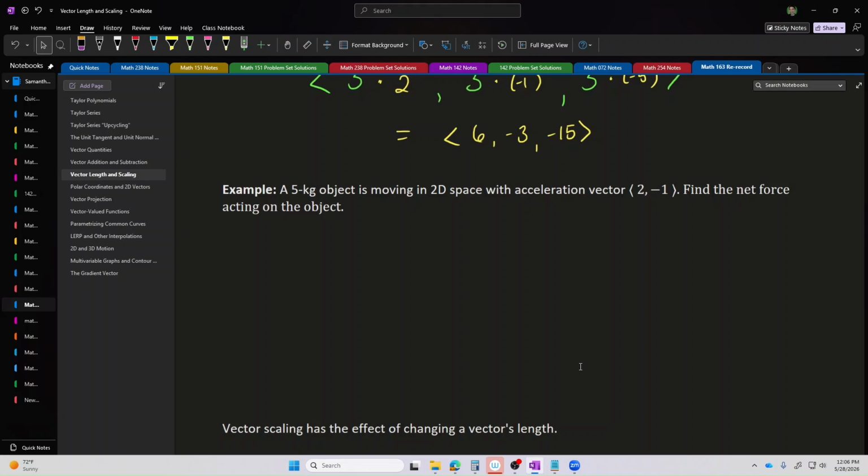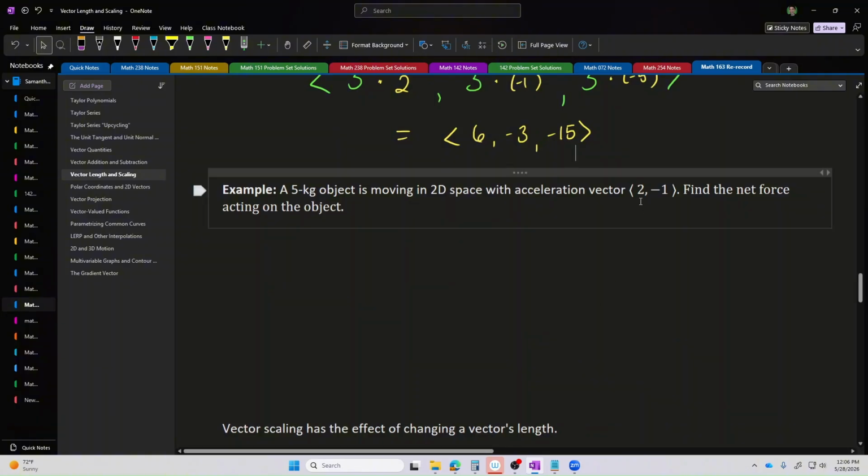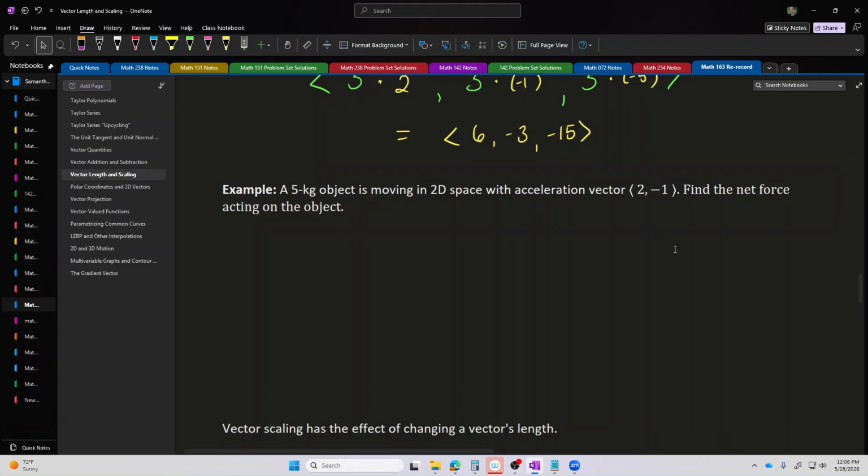It's accelerating along the vector 2, comma, -1. So if this is the acceleration that the object is experiencing, if it's being pulled in the positive x direction and in the negative y direction, let's figure out what is the net force acting on this object.